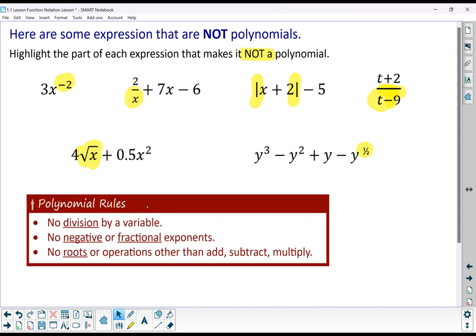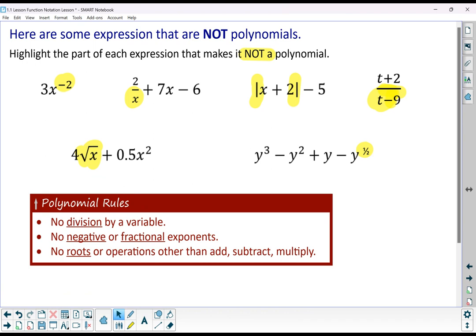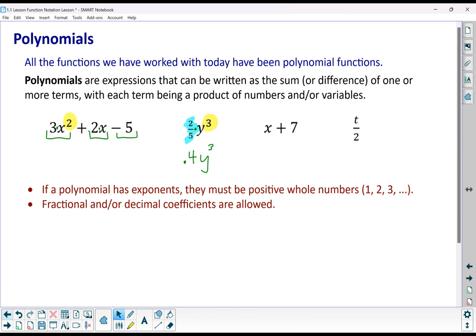So no division by variables, no negative or fractional exponents, and we're not allowed to have roots or operators other than adding, subtracting, and multiplying. So these things are not polynomials. If you see these things, you know that you're not dealing with a polynomial. Again, with polynomials, we're looking for positive whole number exponents, and we're looking for just multiplication, addition and subtraction happening.